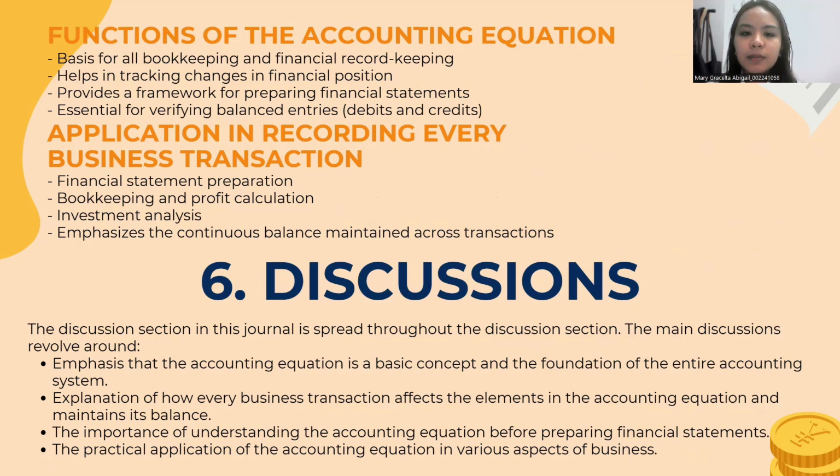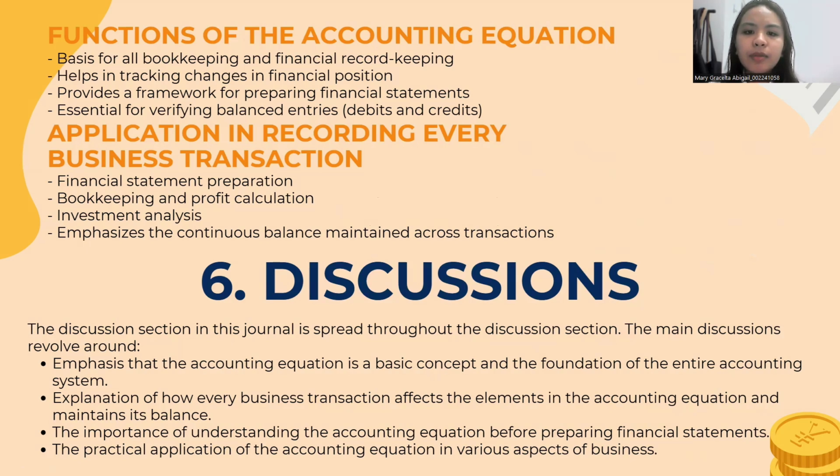Next, the sixth topic, which is discussion. The discussion section in this journal is spread throughout the discussion sections. The main discussion revolves around: 1. Emphasis that the accounting equation is a basic concept and the foundation of the entire accounting system. 2.